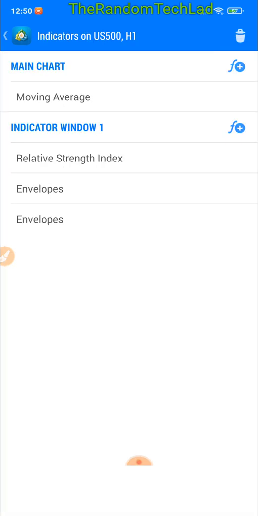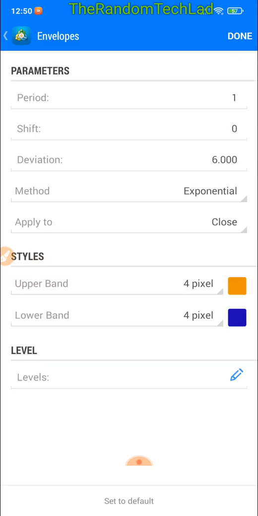After that, go back again, press on the F on the indicator window one, and add these two envelopes. The first one has got these settings, and I decided to choose these colors. Make sure you've got the same colors or different colors, it doesn't matter so long as you understand what I'm about to show you.